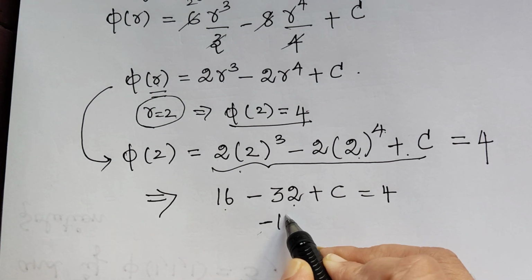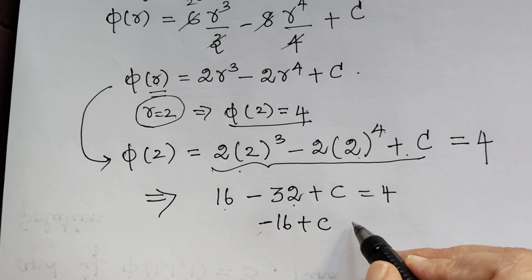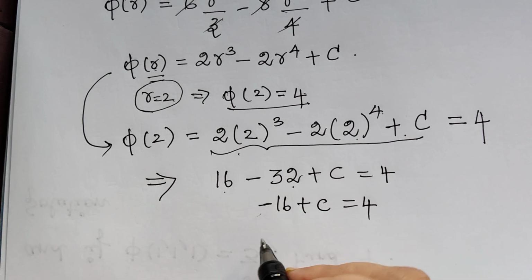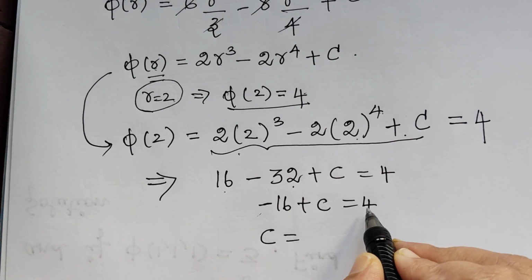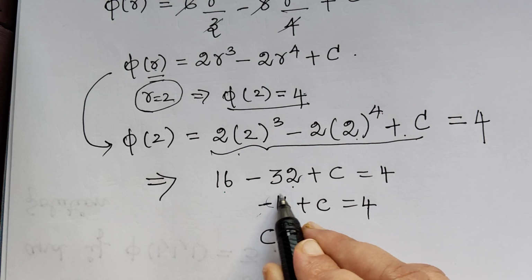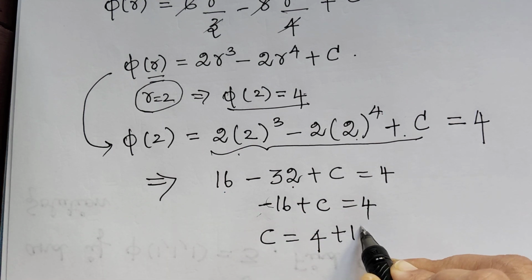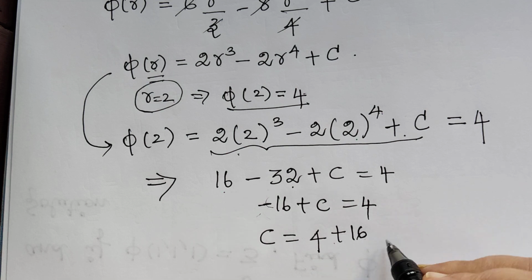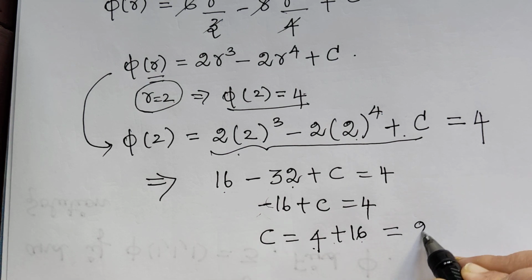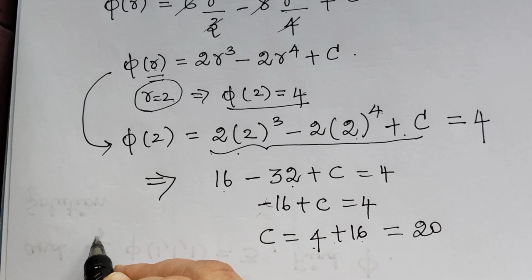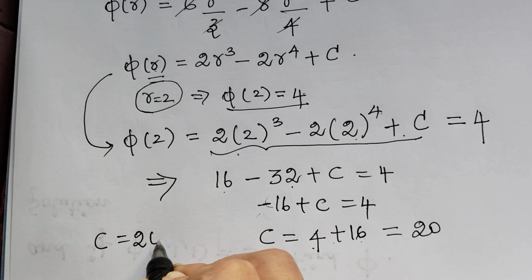It is minus 16. So minus 16 plus c is equal to 4. And so from this, the value of c is equal to, on the right hand side we have a 4, taking this negative 16 to the right, it becomes positive 16. So 4 plus 16 is 20. Therefore we have got the value of c to be equal to 20.